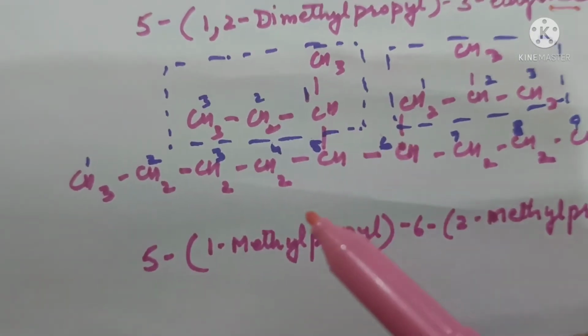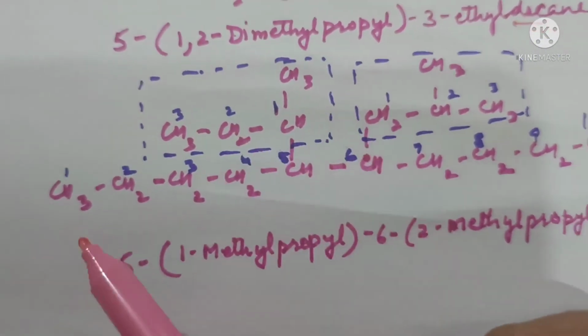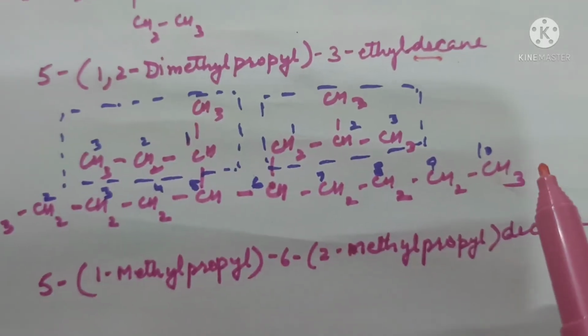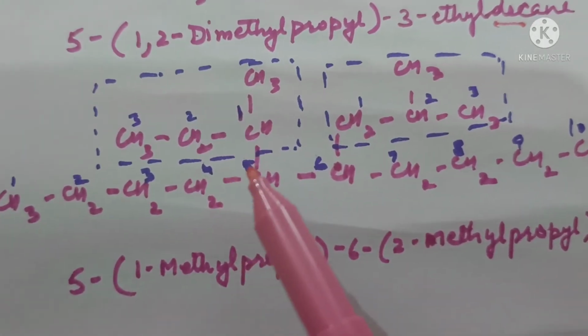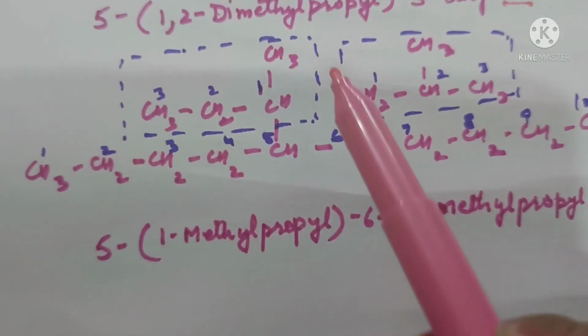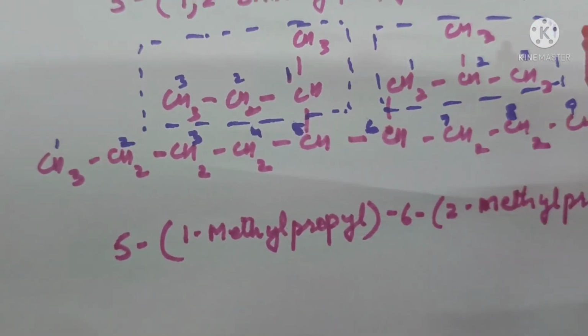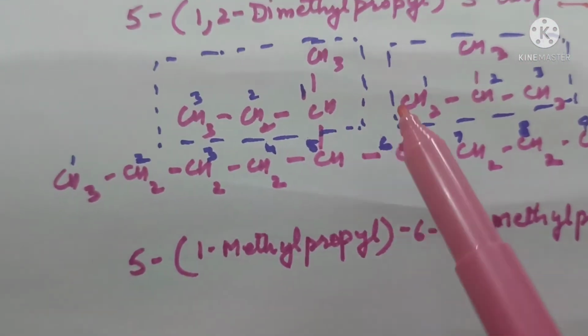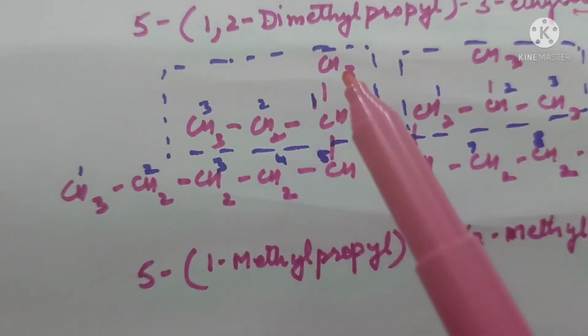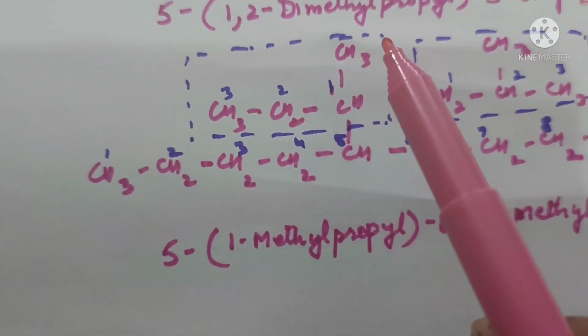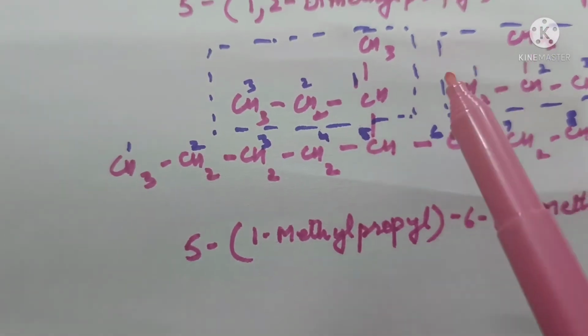Another thing is that if while naming the compound we see that the same name comes for the complex substituents, then in that case the locant of the substituent, or the position of the substituent, matters.